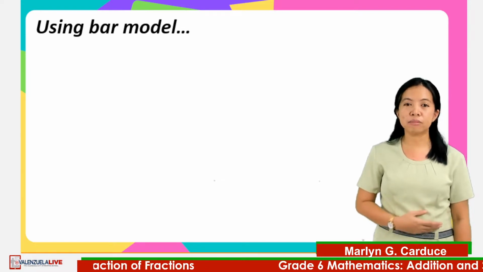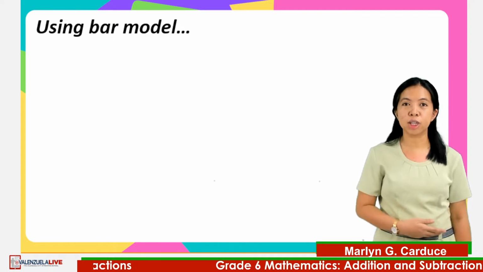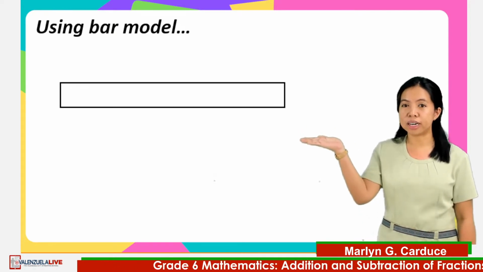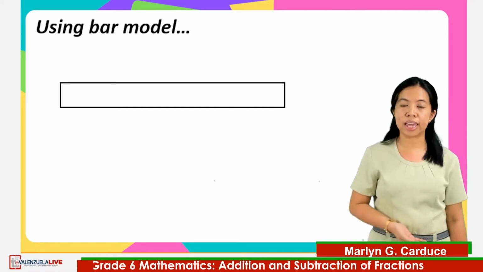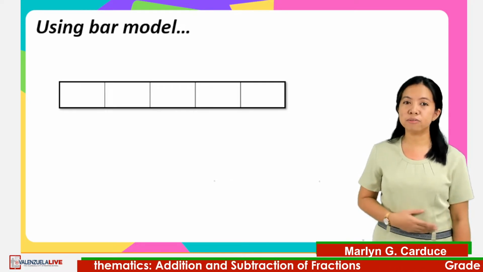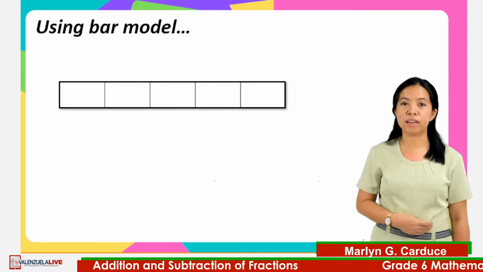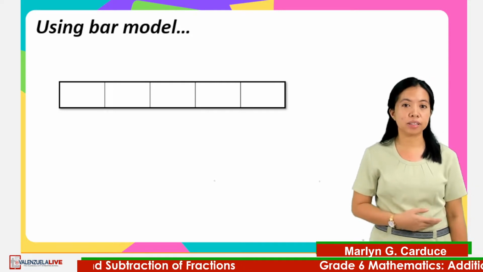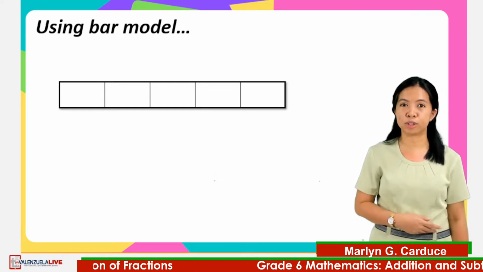So to solve this math problem, we can use different methods, and one is using a bar model. I have here a bar which represents the total number of fruits, and I will divide it into 5 equal parts since the given fractions in the problem both have a denominator of 5. After dividing it into parts, we can now easily identify the fractions of each fruit.